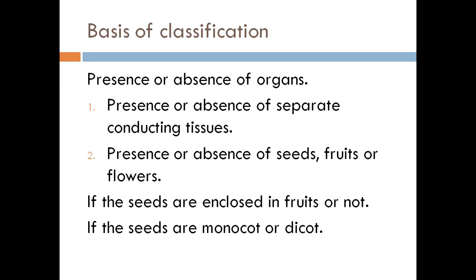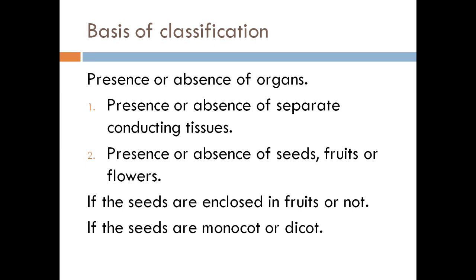Next, presence or absence of separate conducting tissues. Now, what are these conducting tissues? Plants have mainly two types of tissues. One is called xylem and the other one is called phloem. One is responsible for carrying water and nutrients from the soil to all the parts of the plant, and the other one is responsible for carrying the food which is prepared by the leaves to all the parts of the plant.